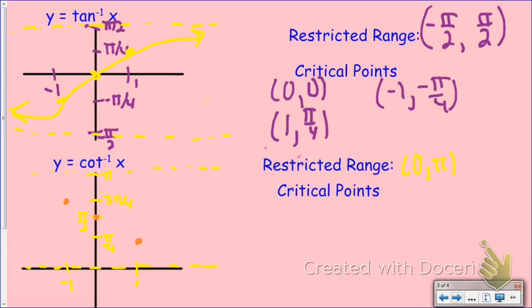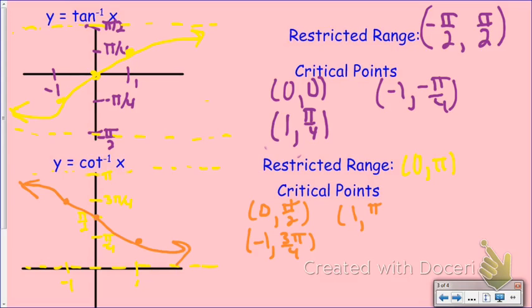So the cotangent inverse graph is going to look like this. And my three critical points are 0, pi over 2, negative 1, 3 pi over 4, and 1, pi over 4.